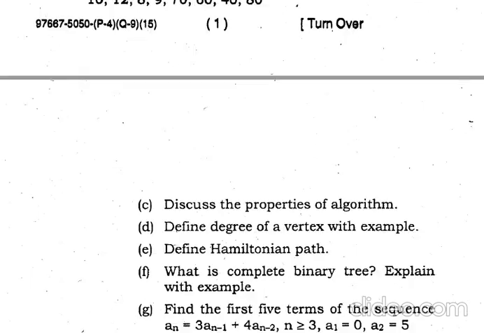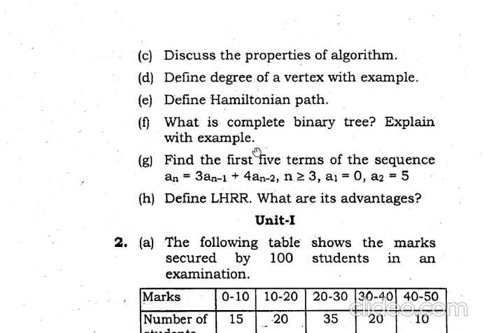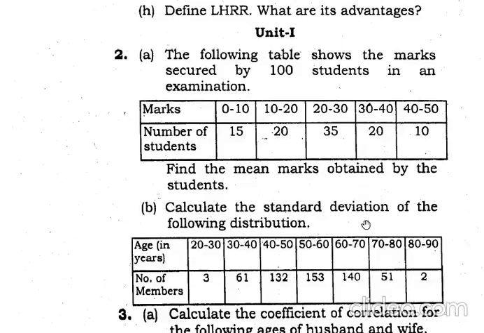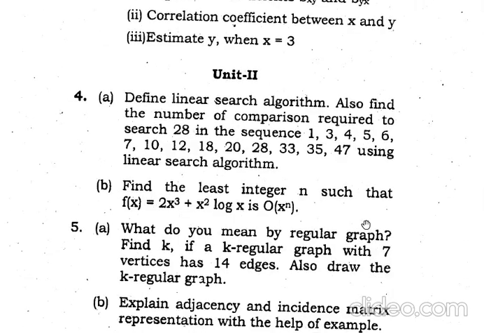I have already discussed these questions, but here in the fourth unit, find the first five terms, define LHRR, what are its advantages. So guys, you can see that each and every year the same 2 marks questions are asked in your exam, right? In 2018, find the first four terms and define LHRR, WCCs. In 2015, find the first five terms and define LHRR. These questions are very easy, so don't miss them.